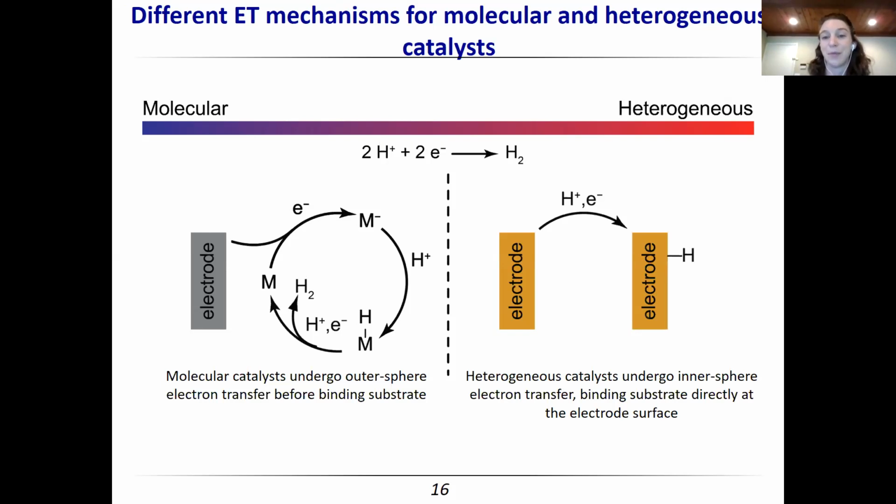And similarly, if I bring a proton to the surface, I can't form a bond without inducing electron transfer. And because it's happening directly at the electrode surface, I can just continuously increase the potential at the electrode to increase the driving force for this electron transfer step. It's not going to be pinned by a reduction potential of a molecule.